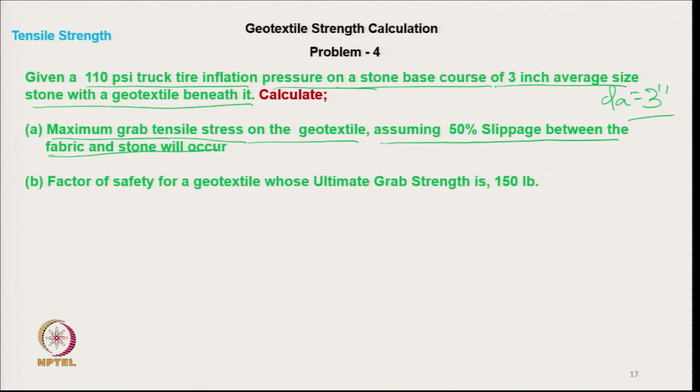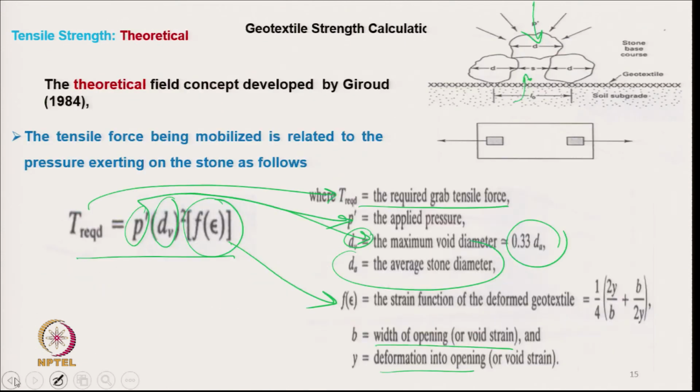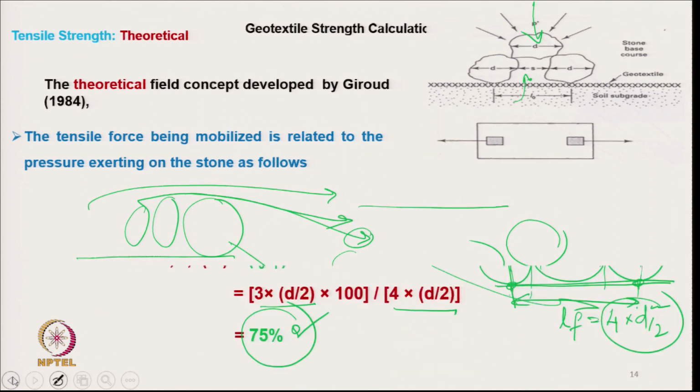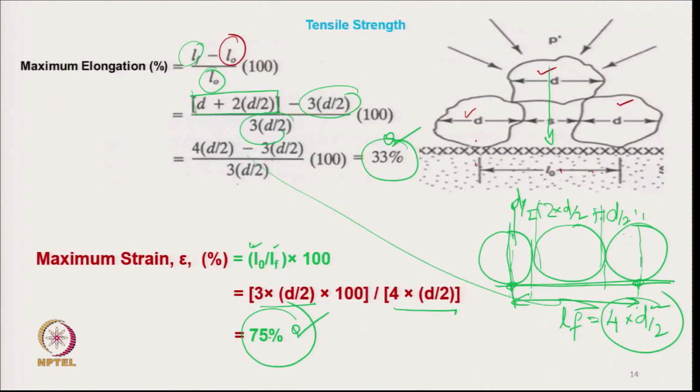Normally, in the earlier calculation that we have seen, the assumption for elongation and strain percent was that there is no slippage. But in case there is slippage, it is not holding properly, there will be a little bit of slippage, and in the problem given here it is a 50% slippage.